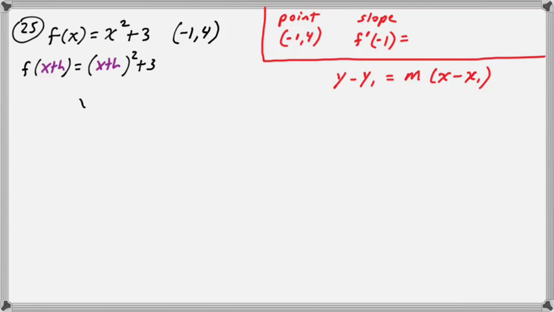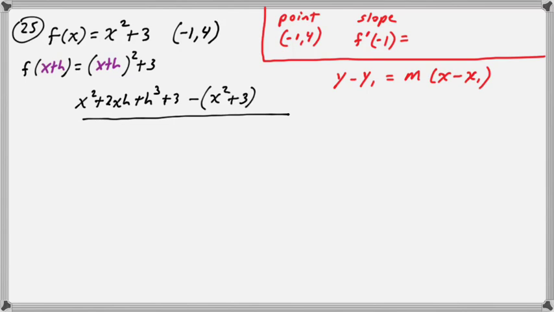When you do this, you square the first, twice the product, square the last, and then minus, always use parentheses again, your original function, the whole thing over h, the limit as h approaches 0. And this will give me what f prime is, which I need for my slope. I already have the point. I just need to find the slope.